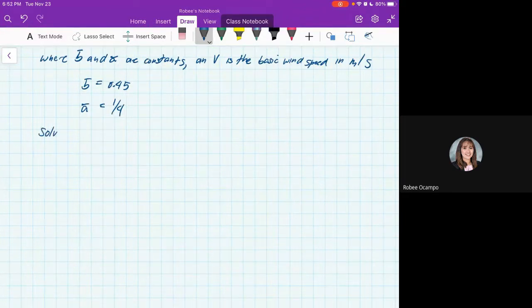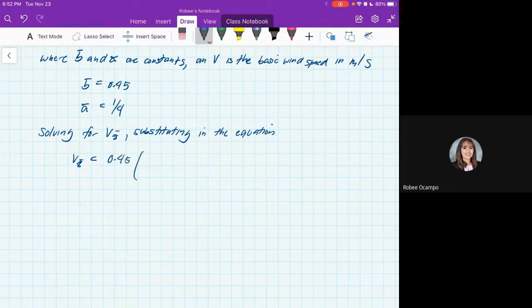Now, solving for the V sub Z bar, substituting in the equation, we have 0.45 times 14.7 over 10 raised to 1/4, which is the value of our alpha bar, times 69.4, which is our V in meters per second.